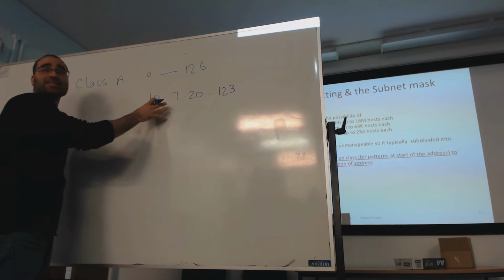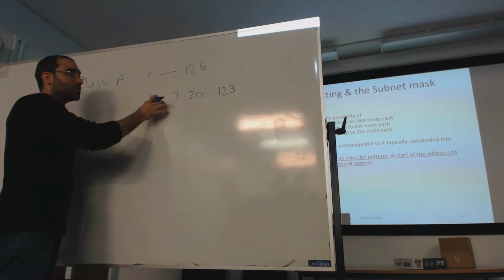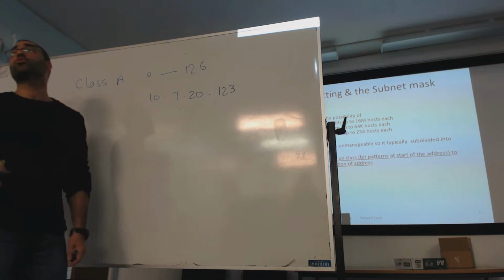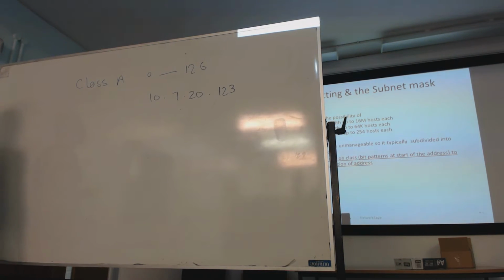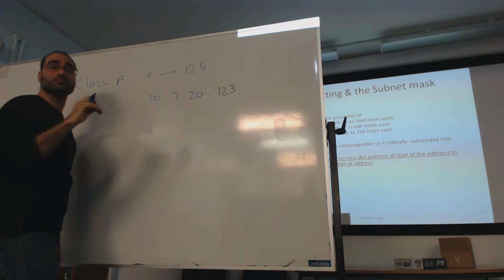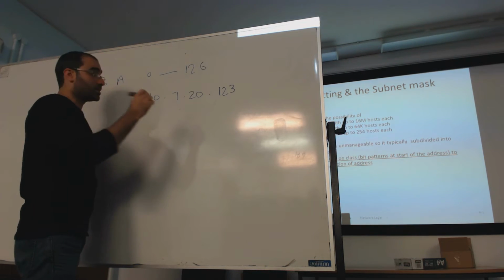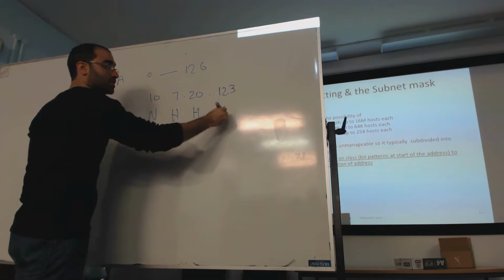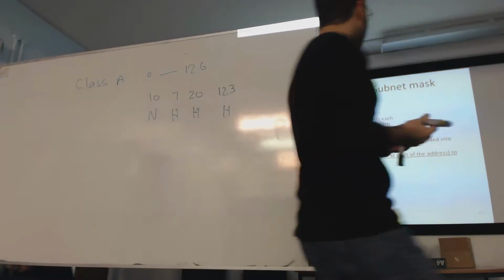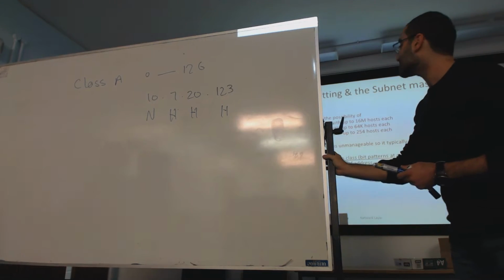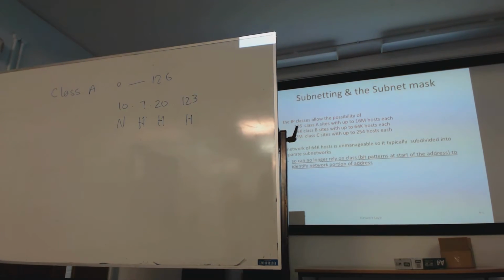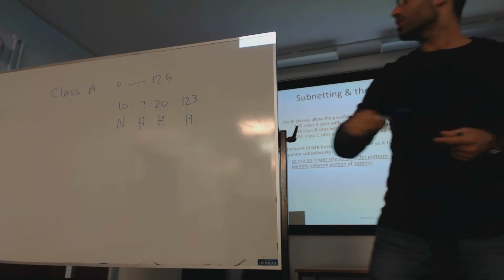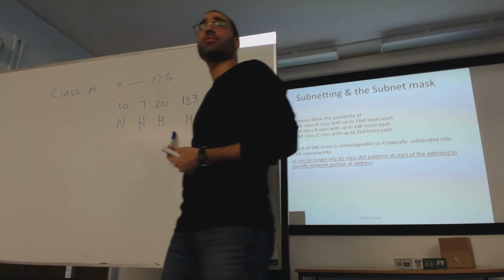So when I say this is a class A, which byte is the network and which bytes are the hosts? So that's your network, and these are your hosts. A class A gives approximately 16 million hosts each. That's your class A. In other words, you have a network, and everything else is the hosts.